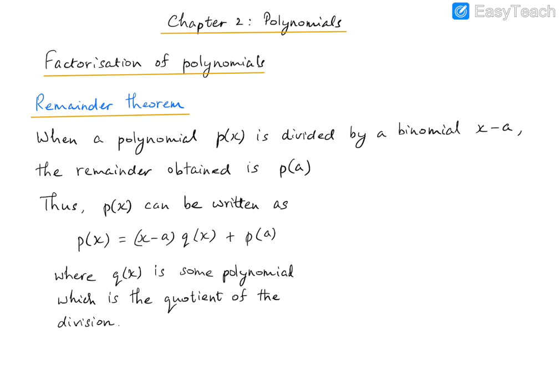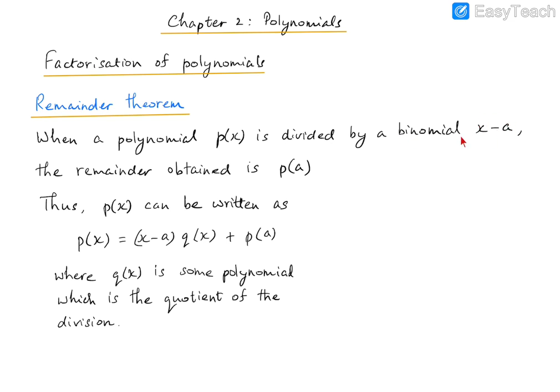How to do that factorization, we will cover later, but for the most part of this video, we are only going to see how to check whether a certain binomial is a factor of a certain polynomial. Again, a binomial is a polynomial which has only two terms: one term of x and another, the constant term.